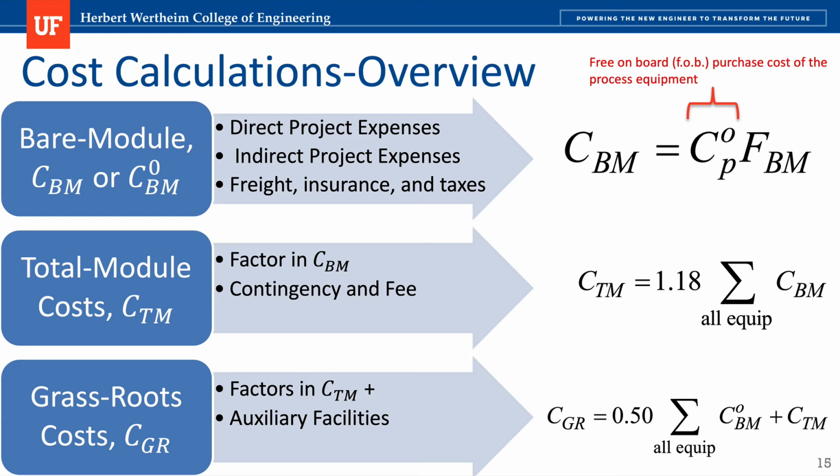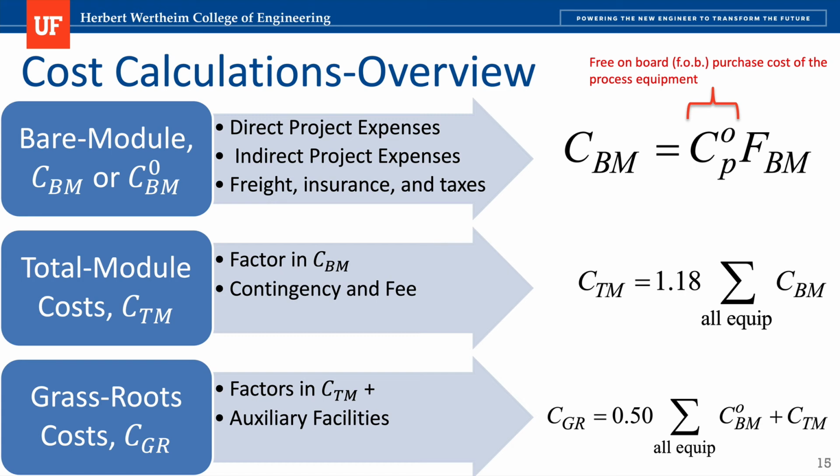For heat exchangers, it's going to be a number. For conveyors, for any, you name it. Reactors, vessels, distillation towers, the bare module cost will be changing, and the way it changes is not only from the purchasing cost, but also by that factor. And we will see that factor not only depends on the type of equipment, but also on the process conditions.